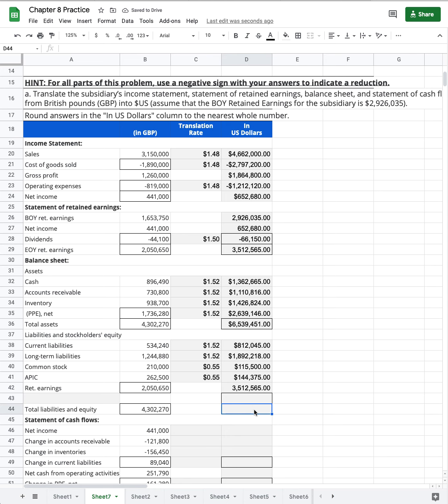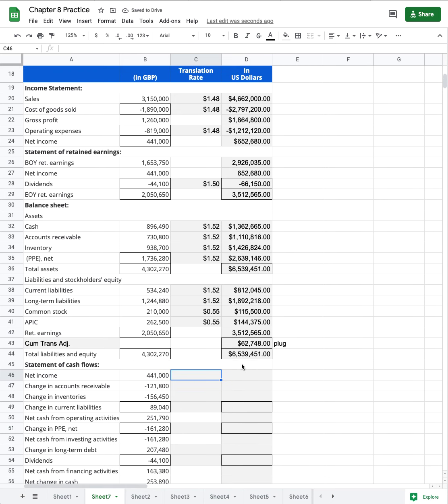We know that our total liabilities and equity have to equal our total assets, and so we can do a plug here for our cumulative translation adjustment. And so that'll be our total liabilities and equity minus the sum of what we already have here for liabilities and equity to get a $62,748.